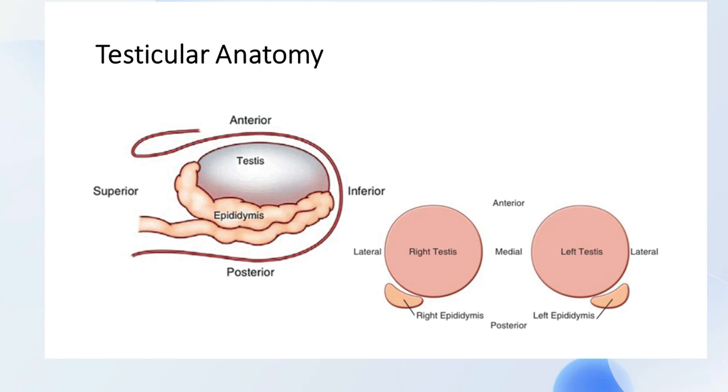Then we have our testicle here, posterior and superior, and towards the inferior aspect, that's where you find your epididymis. The epididymis has the head, the body, and the tail, as you can see from this image. This is just a basic image that is capturing the basic anatomy in a scrotum.